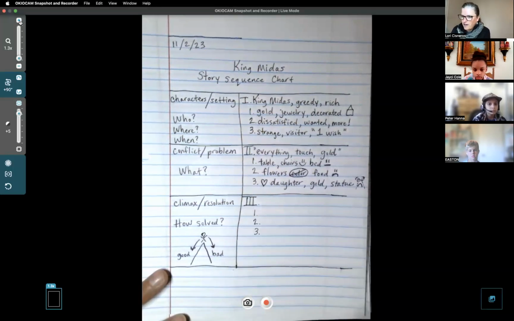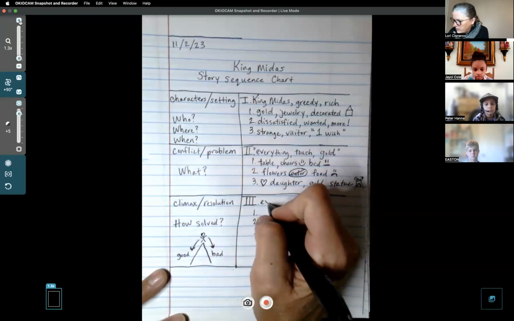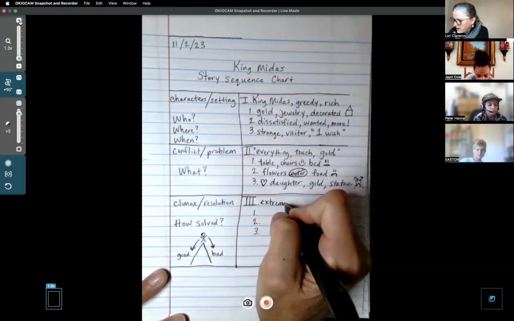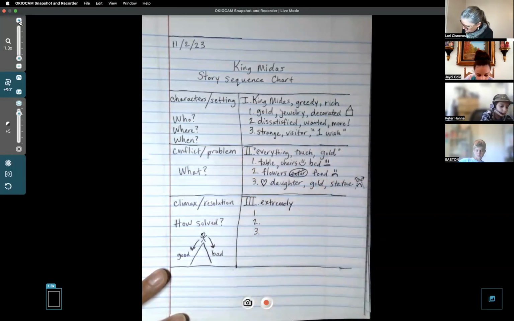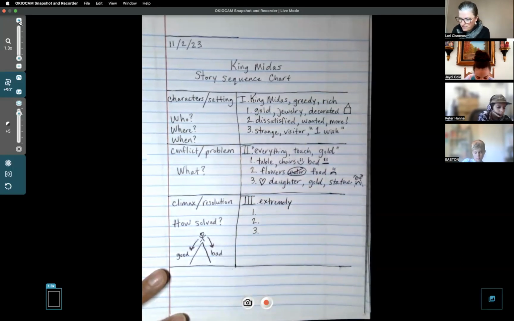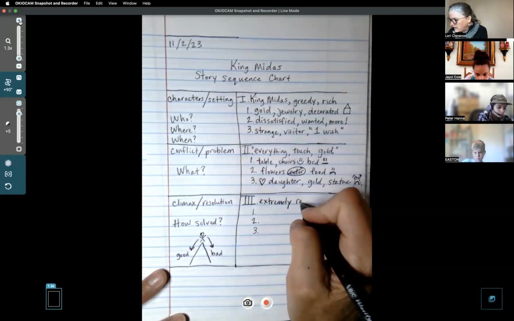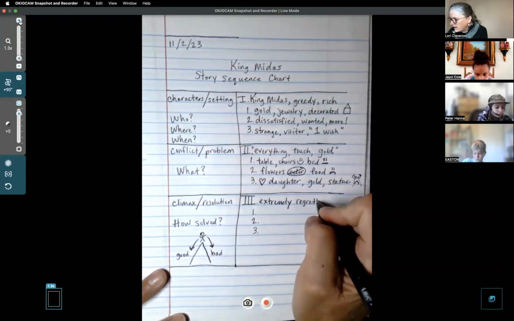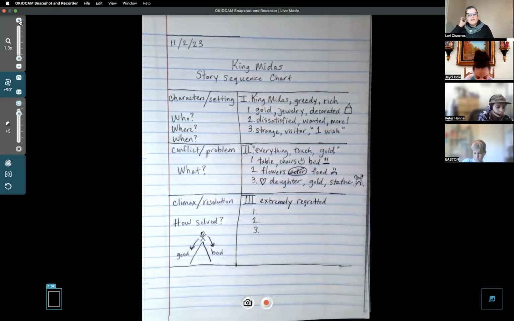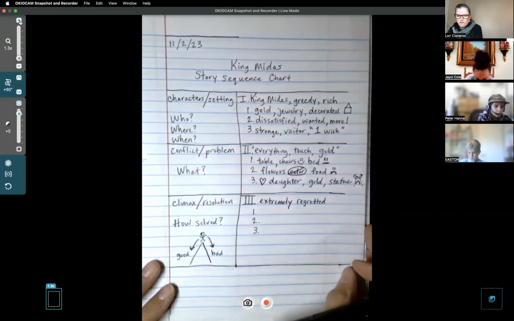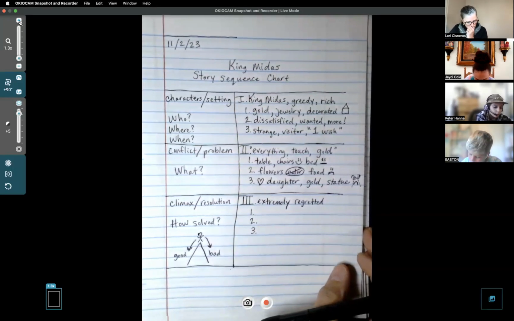I'm going to use this adverb right here. I'd like you to put the word extremely, because I think it was pretty extreme at that point. It says deeply, so you could use deeply instead. Extremely, and then I'm going to put regretted. He extremely regretted his decision of what he did, right?